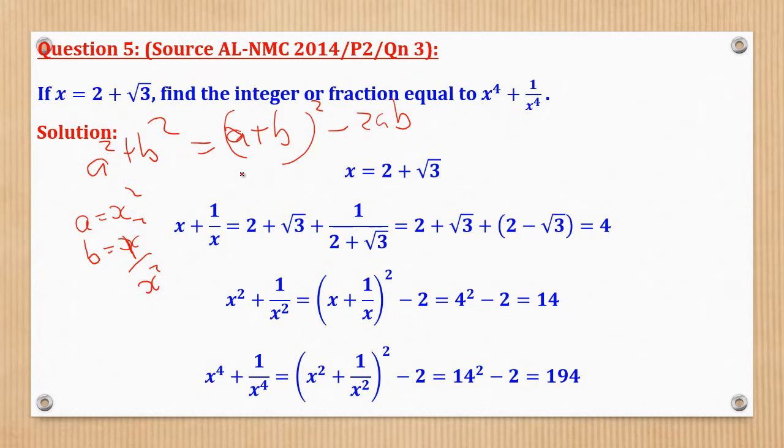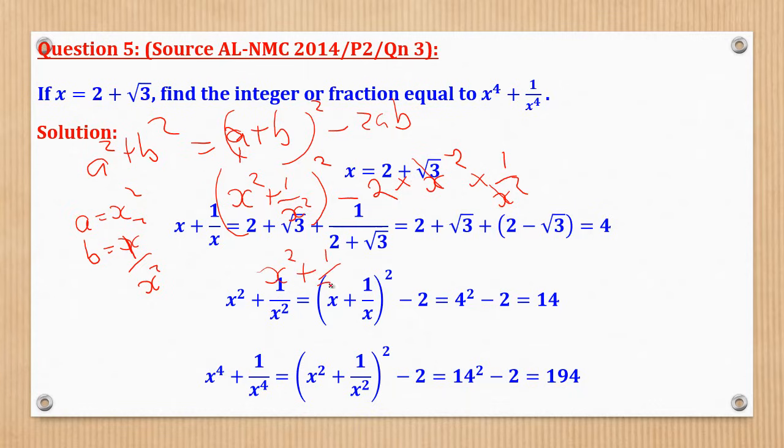So when you use that, we shall come here to be now (x squared plus 1 over x squared) minus 2 times a, which is x squared, times b, which is 1 over x squared. You realize that now this and this cancel to remain with x squared plus 1 over x squared minus 2, which is now here.